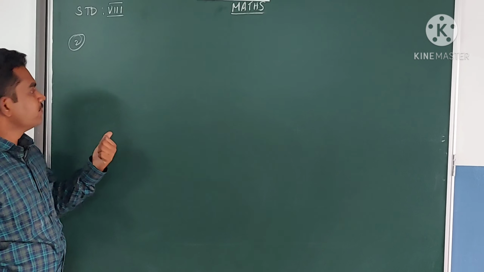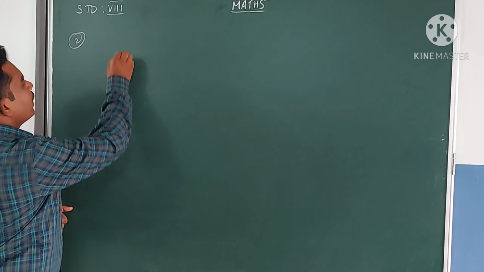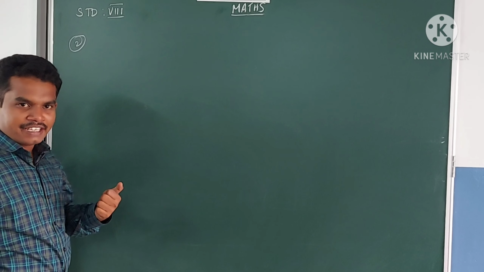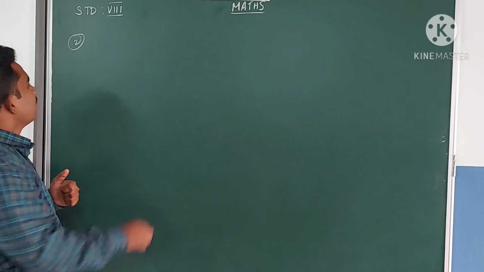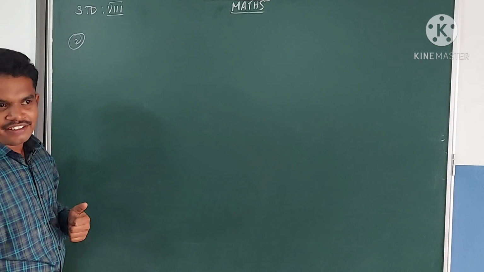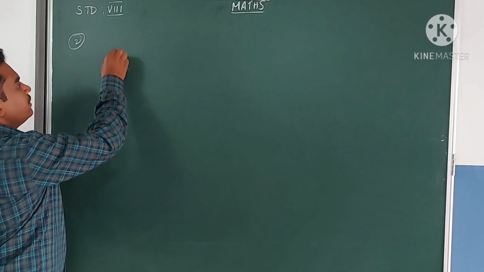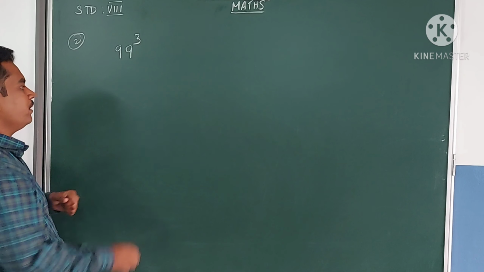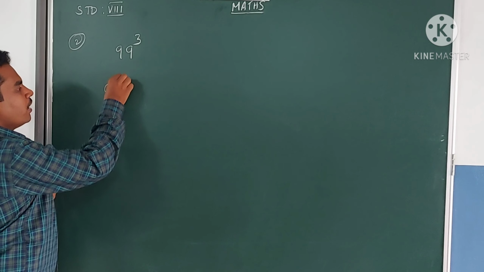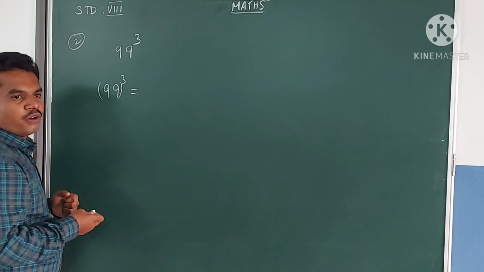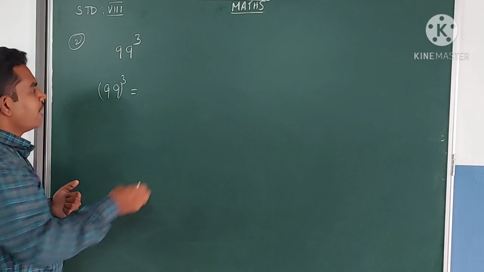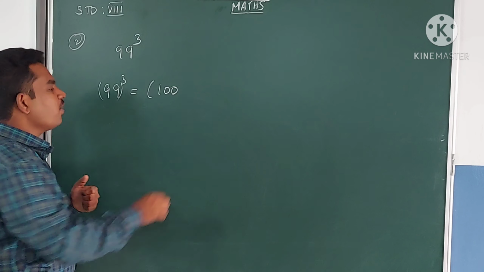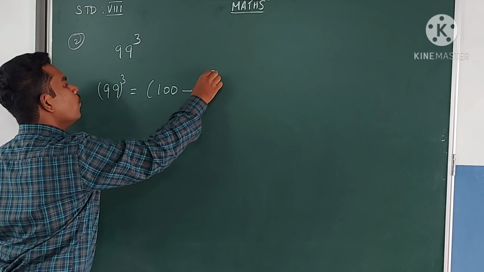Okay. The second question is, already you studied in the algebraic identities, that means the first identities, 99 square. Here I write 99 cube. So this can be written as 99 cube equal to, how we write, 100 minus 1, the whole cube.